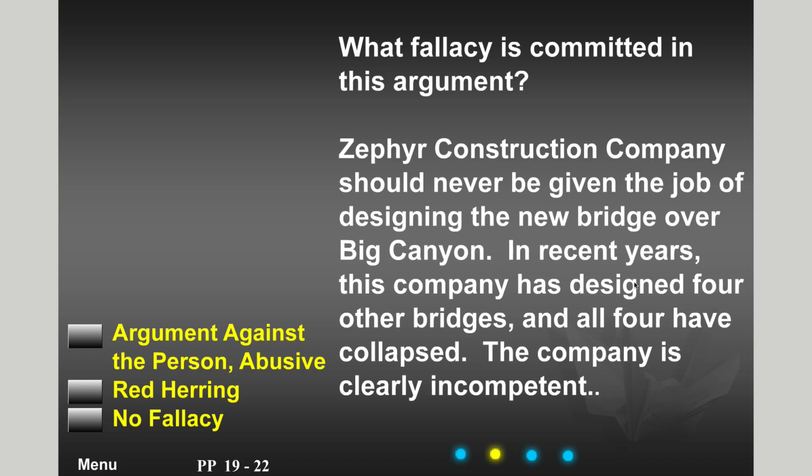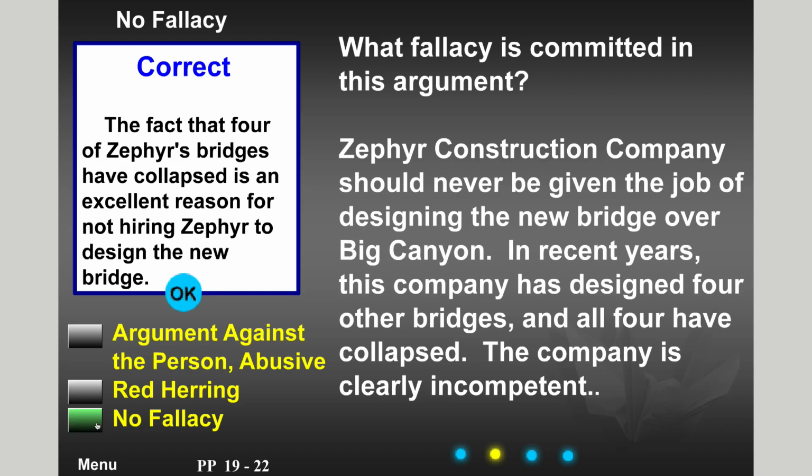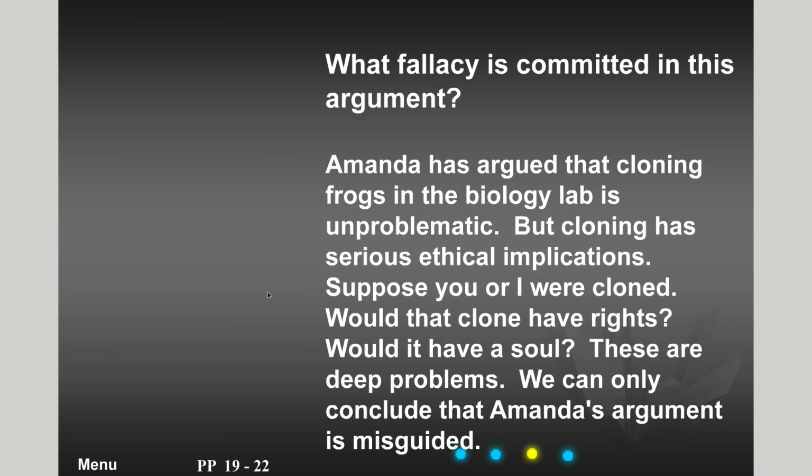But the fact that they have designed 4 bridges, all 4 have collapsed, is directly relevant. So this isn't a fallacy of irrelevancy. This is very relevant to the job that they're being asked to do. There is no fallacy, right? The fact that 4 bridges have collapsed is an excellent reason for not hiring Zephyr to design the new bridge.